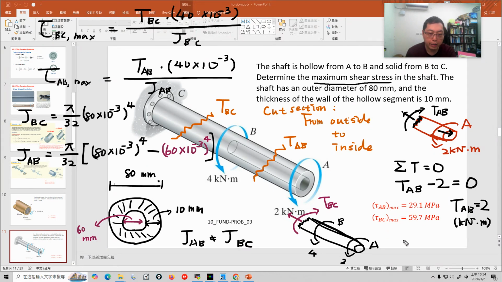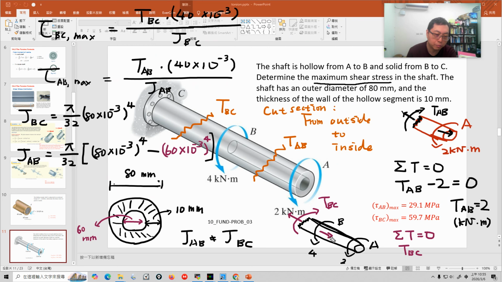Okay, and then we do it again, summation of T for rigid body equilibrium equal to 0. So it's TBC. For this torque here, the 4, is it positive or negative? Use the right hand rule; your thumb direction is here. That means pointing inward to the surface, because right now our surface is here.